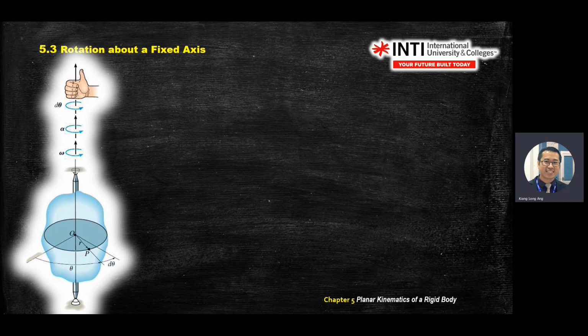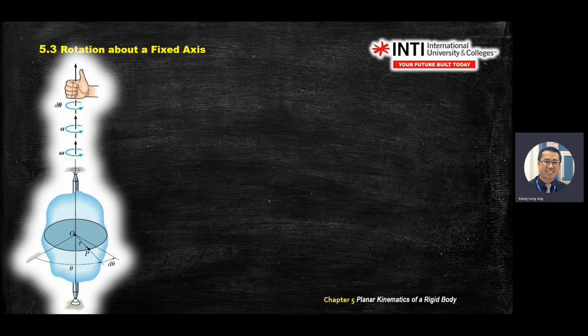This P on this rigid body moves in a circle, and we are using polar coordinates. R is positive if you move away from the center. R positive when it becomes bigger and bigger. Then your angle, by right hand rules, anti-clockwise is positive. From the reference, rotate anti-clockwise, you get positive.